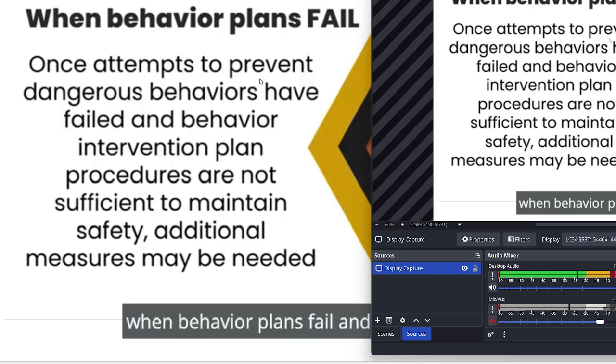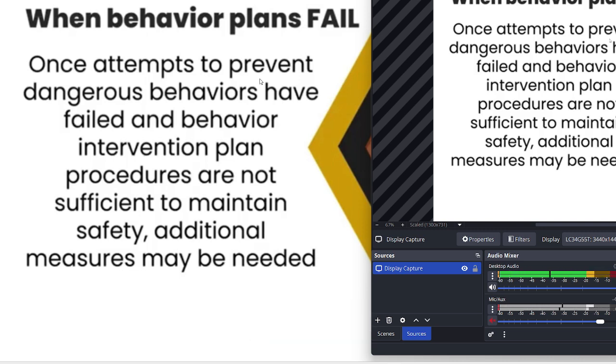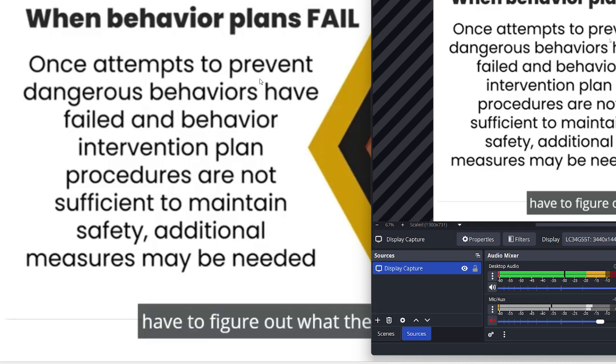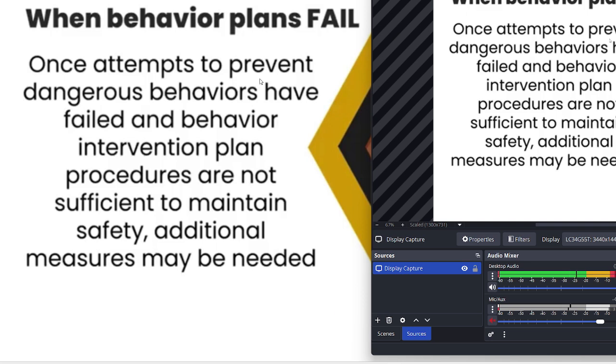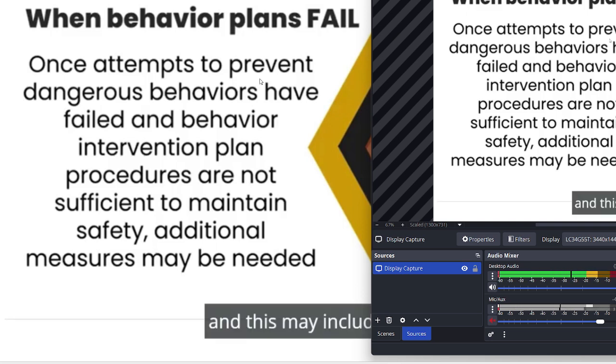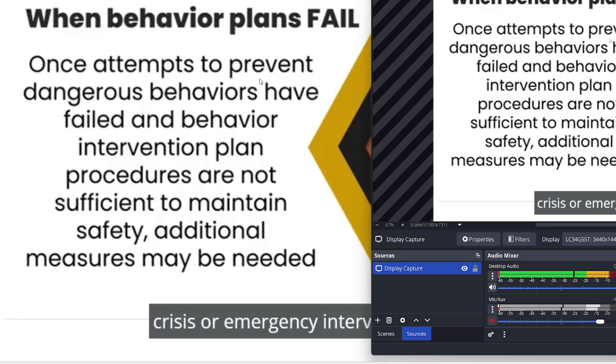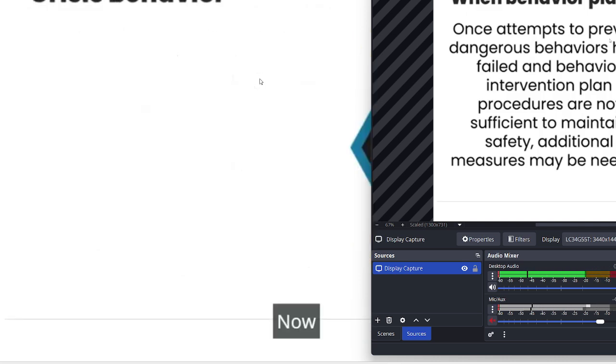So when behavior plans fail and dangerous behaviors have erupted, we have to figure out what the plan and procedure will be to maintain resident safety, and this may include crisis or emergency interventions.